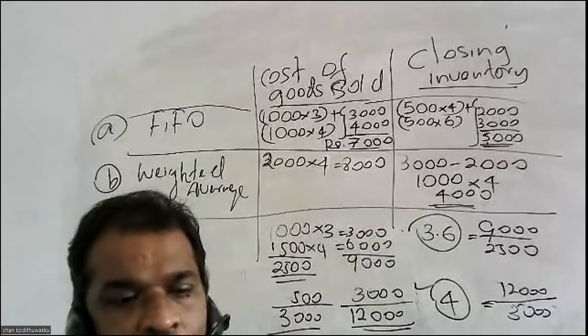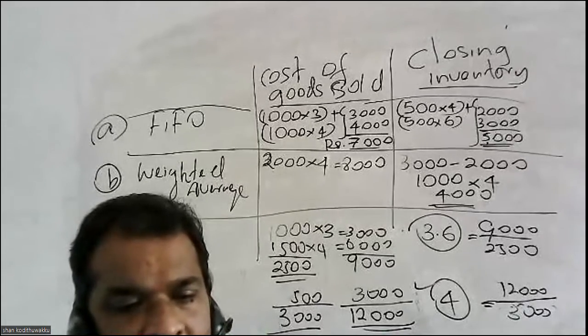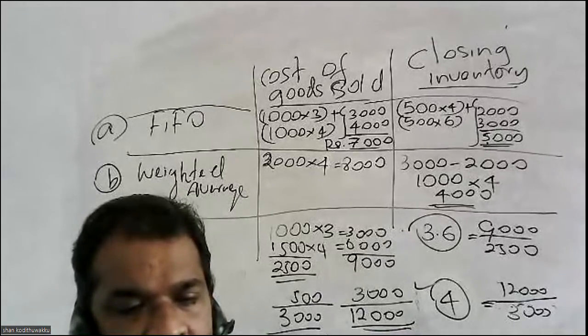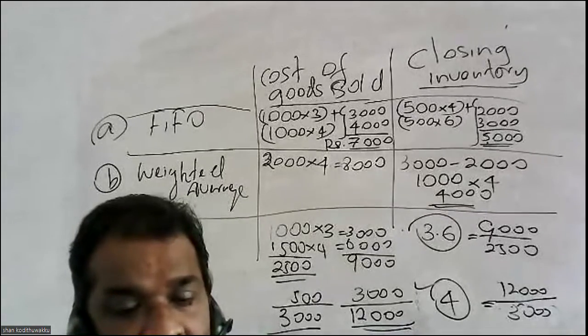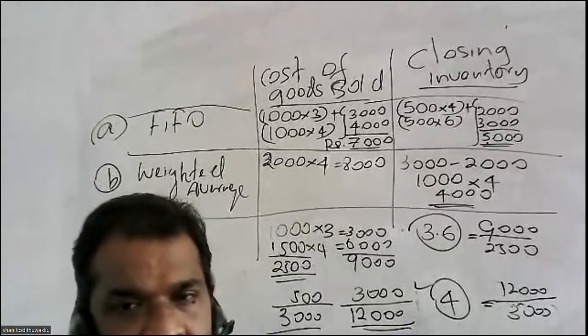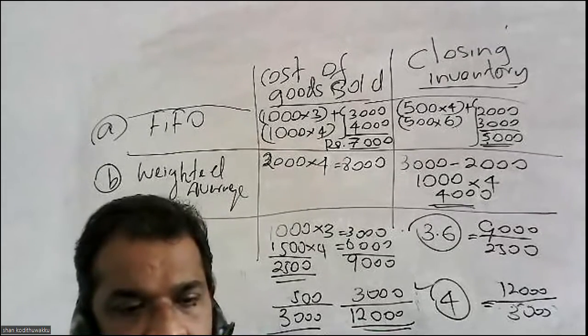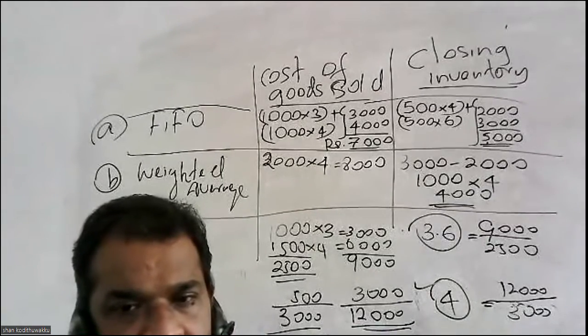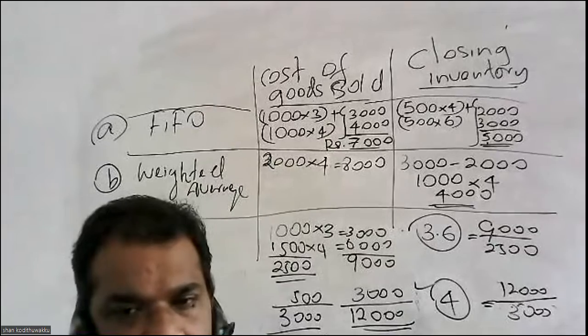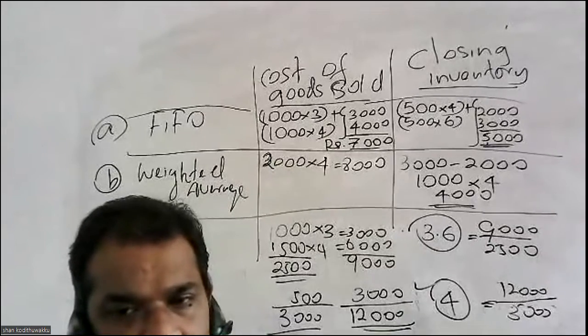But again, the second purchase occurred on 12 July 2019, 500 units at 6. Therefore, again we have to change the latest price. Just after the second receipt, we have 2,500 plus another 500 from the second purchase, total 3,000 units.